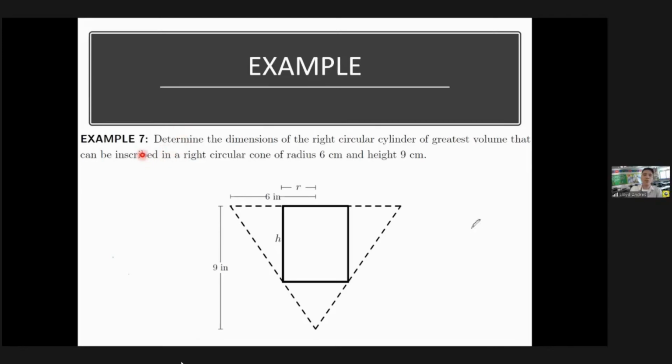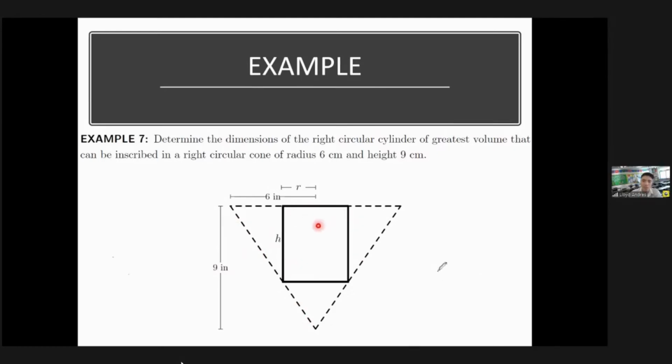So, next example kanin is the challenge. Determine the dimension of the right cylinder of greatest volume that can be inscribed in a right circular cone of radius 6 cm and height 9 cm. So we have here the problem nga naa tay isa ka cone tapos sudlan siya og right circular cylinder.